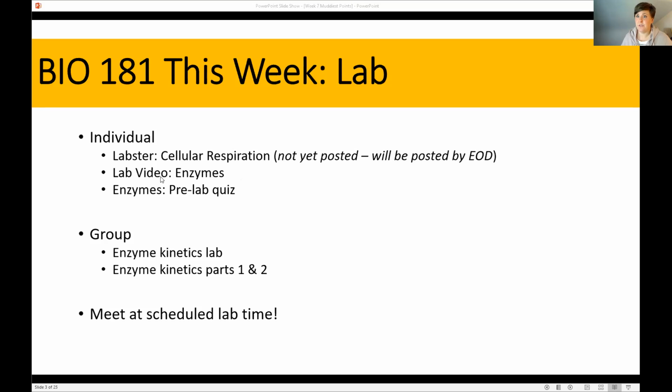So this originally had a due date of yesterday, but I think I ended up moving it to today so that you had just a little bit more time, by 11:59 p.m. And then when you meet with your lab professors this week at your scheduled lab time, you'll be working toward, so we're done with osmosis, and so you'll be working toward a new series of labs focused on writing and planning, and that has to do with enzymes, which again are a very, very important learning objective from Bio 181.